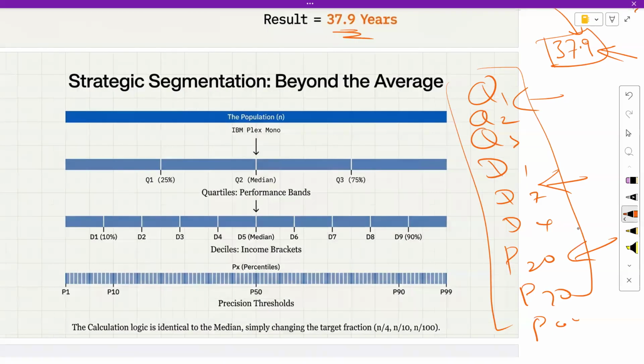Strategic segmentation beyond the average. Assume this is the population, this is the minimum value and this is the maximum value, and there are a number of observations. We can divide the whole data set into 4 equal parts, and we call them quartiles: first quartile, second quartile, third quartile, and fourth quartile.